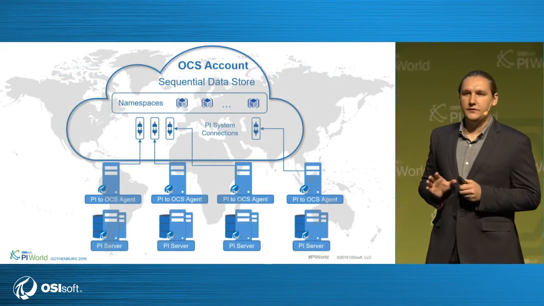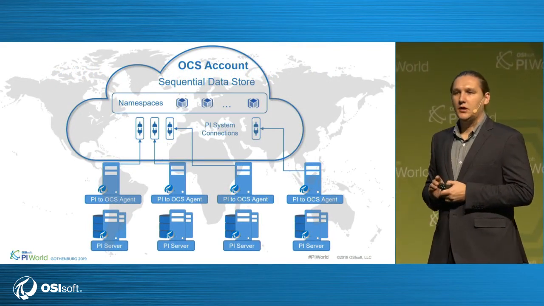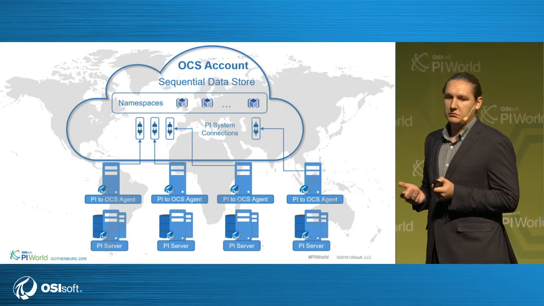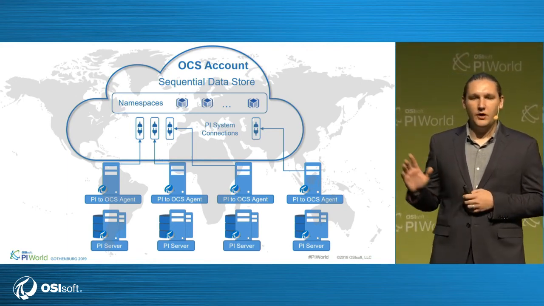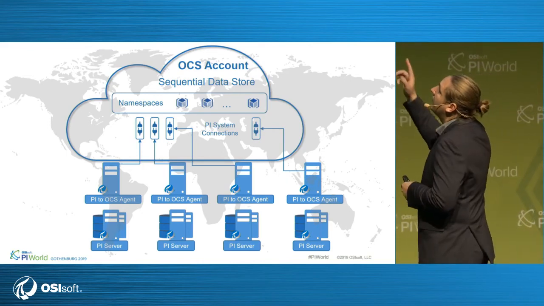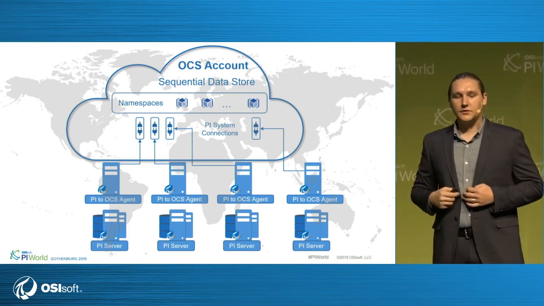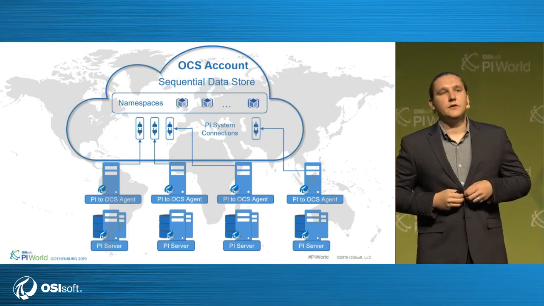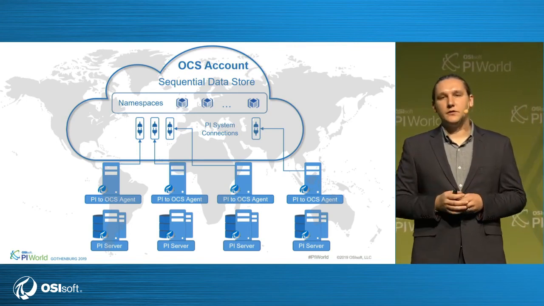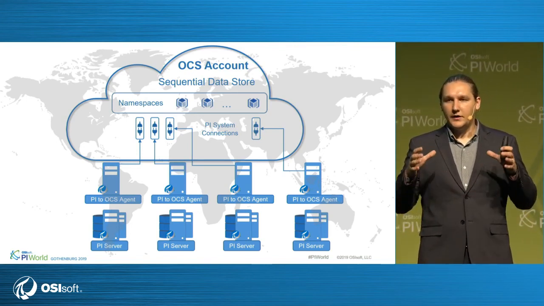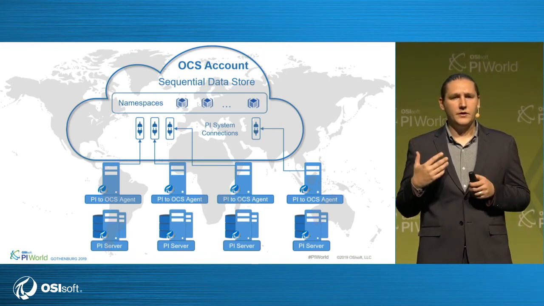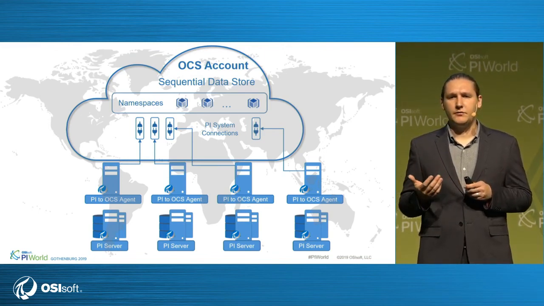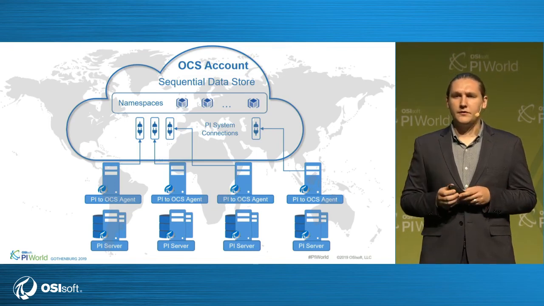So the idea is very, very easy. Instead of having some kind of PI to PI interface or PI System Connector, we have the tool called PI to OSIsoft Cloud Services Agent. We can install it locally on the site level, and it will send all the data that is necessary to the OSIsoft Cloud Services account.